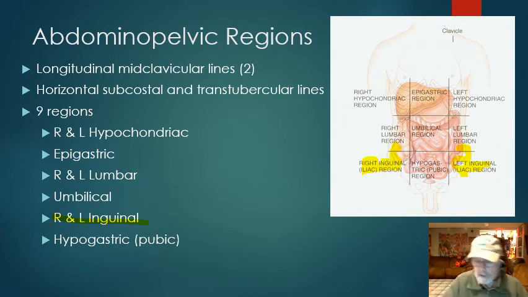The reason it's called the inguinal region is because in the lower portion of the abdomen, let me draw it with a blue, right down in here, and right down in here, there's a canal in the lower abdominal wall of males, not females, in males. It's called the inguinal canal, and it comes on both sides.